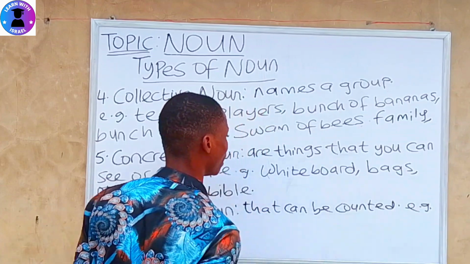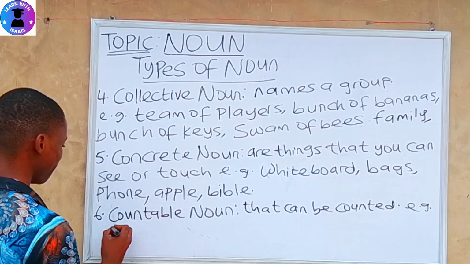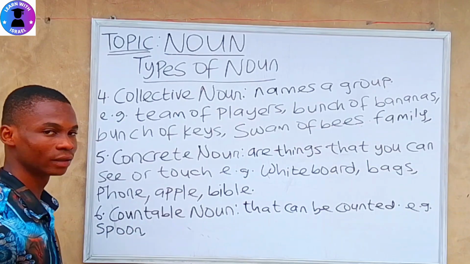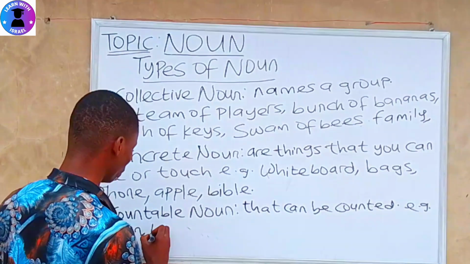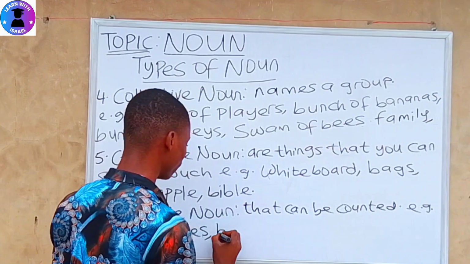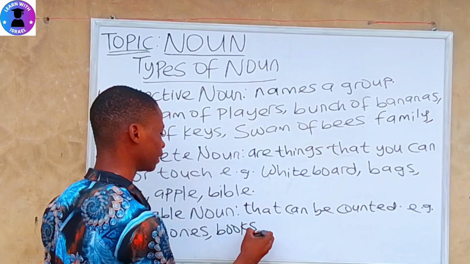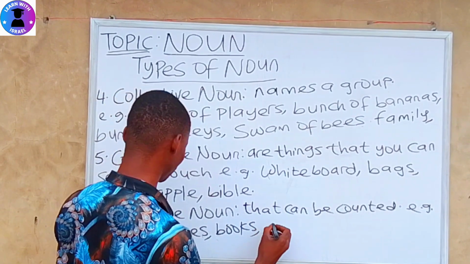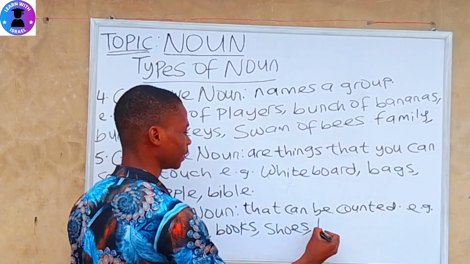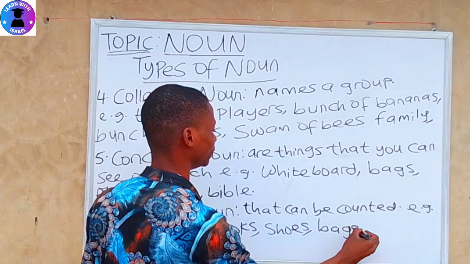E.g., we have spoon. Spoon can be counted. We have phone. Phones can be counted. We have books. Books can be counted. We have shoes. Shoes can be counted. We have bags. Bags can be counted.